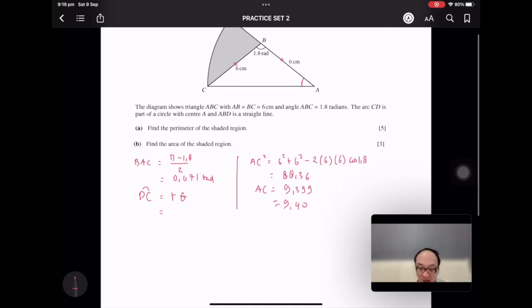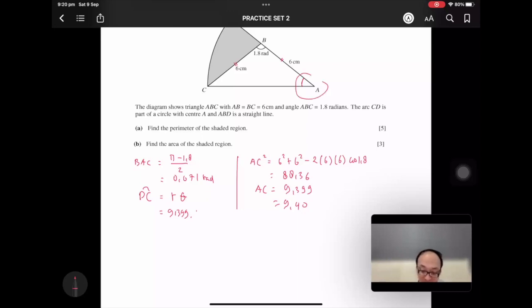So this is the radius. So I can put 9.399 times theta. The theta will be the angle A here, 0.671, which equals 6.31 centimeter, yeah?